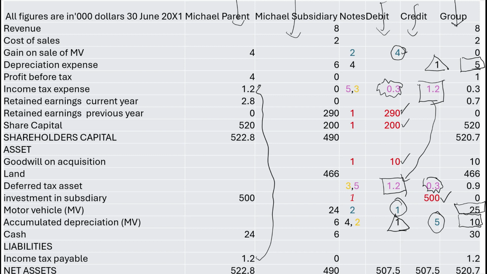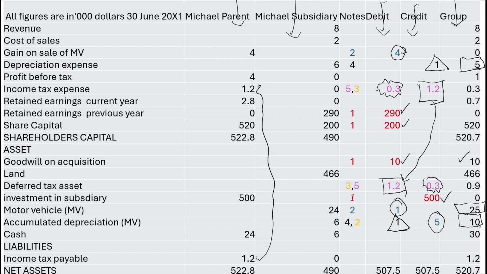Therefore, our income tax expense becomes $300, not $1,200, because for 1 year it is $300. Over 4 years it will become $1,200, but for this year it is only $300. And our goodwill on acquisition is $10,000.